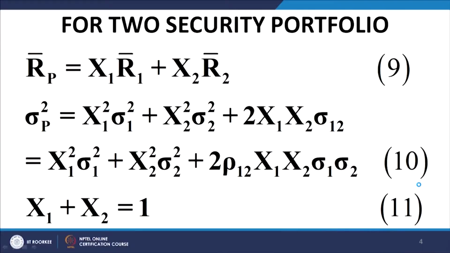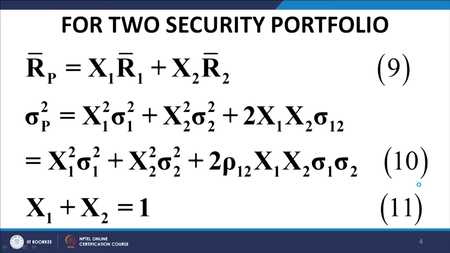Now, then we moved over to the 2 security problem. In the 2 security problem, the expressions that we saw just now a few seconds back translate to rather simple expressions in terms of the composition vector of x 1 and x 2 as the equations 9, 10, with the sum of the compositions being equal to 1.